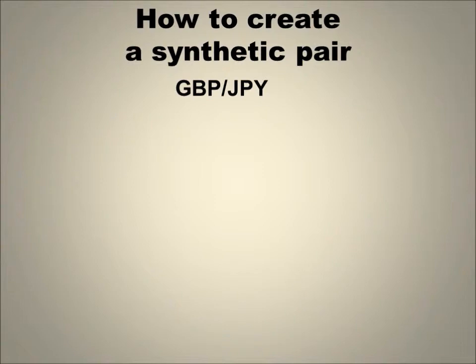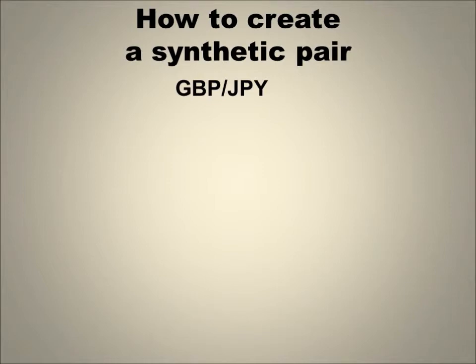First, we have a British pound Japanese yen pair. Let's say we want to get involved in this pair, but as we can tell, the British pound Japanese yen pair, for some reason, is not a popular pair, meaning the spread is too wide, meaning when we jump into the pair, we're automatically deep in the negative.